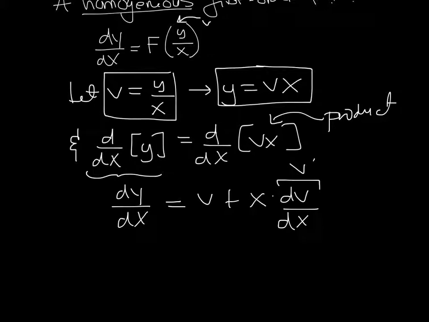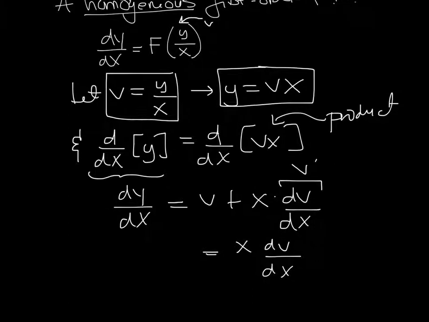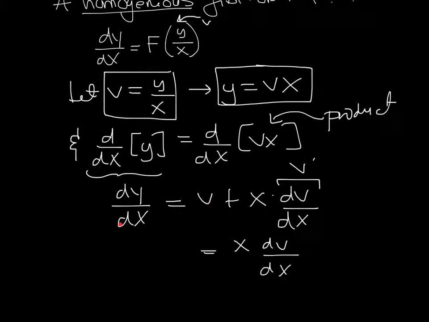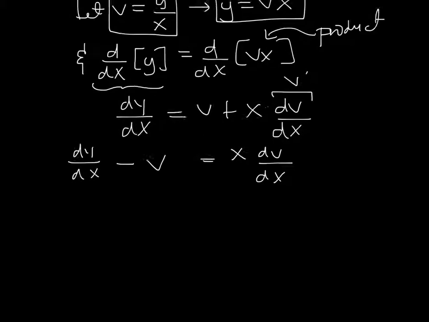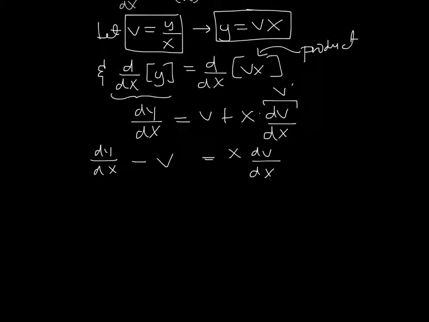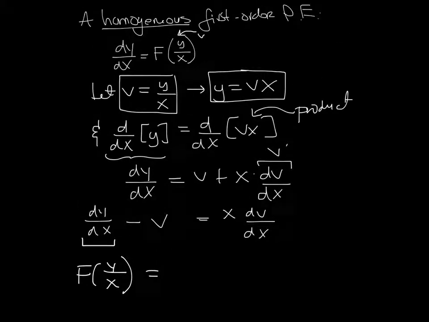One of the nice things about a homogeneous first order differential equation is that if I solve for x dv/dx, I subtract a v from both sides and I get dy/dx minus v. And we know that dy/dx is really just our f of y over x, because that's what we named it in the beginning.